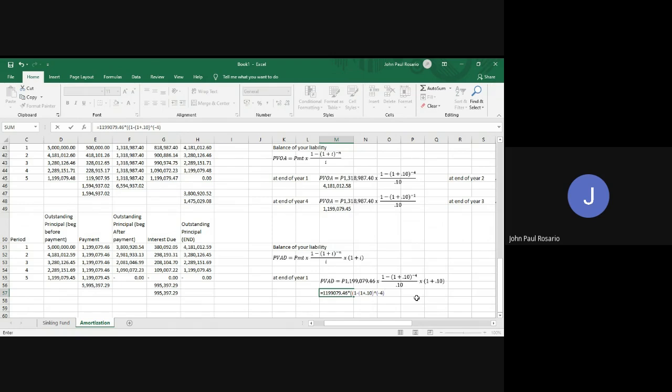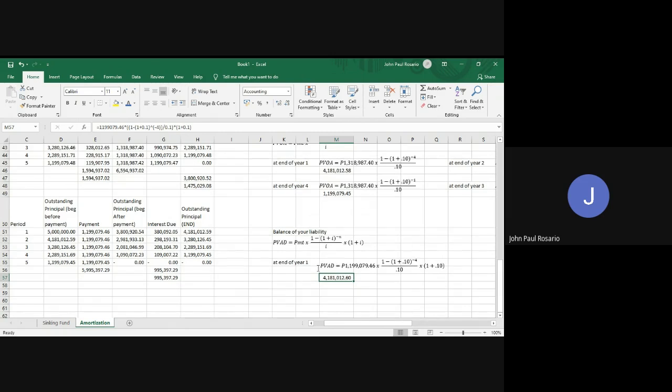Again, our period here should be the remaining payments or the unpaid periods nga to ang tanawan. Since nakabayad naman ka sa year 1, so meaning 4 payments lang yung kulang. So minus 4. And then we divide from that 0.10, and then we multiply again 1 plus 0.10.